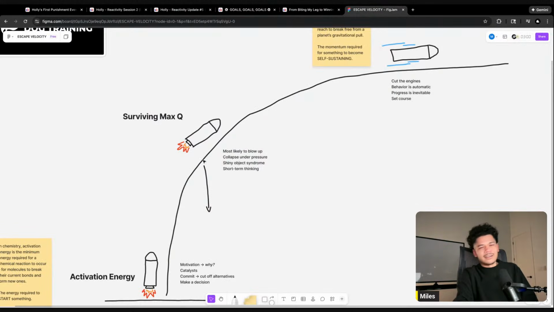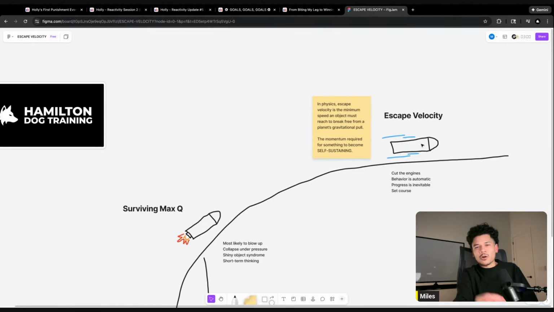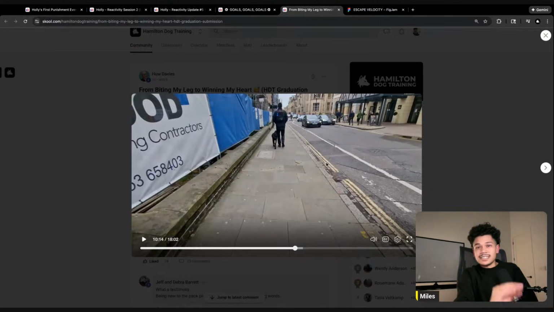And so they quit here, and the rocket comes crashing back down. The fallacy is that they think this requires energy. This does not require energy.